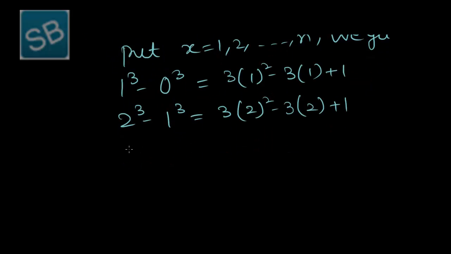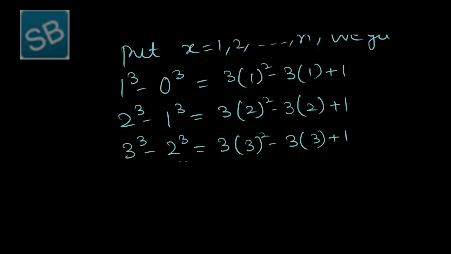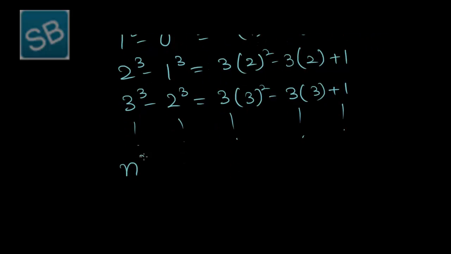That is 3 cube minus 2 cube is equal to 3 into 3 square minus 3 into 3 plus 1. And so on, we will get n cube minus n minus 1 whole cube is equal to 3n square minus 3n plus 1.